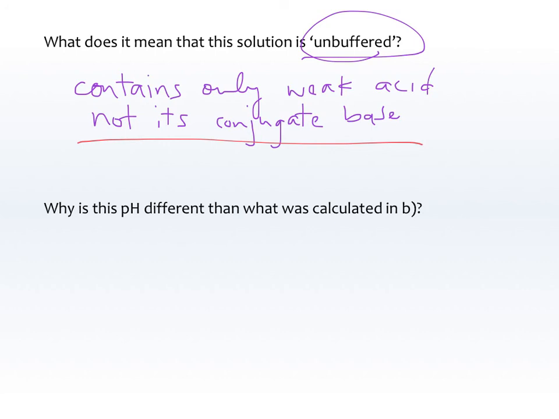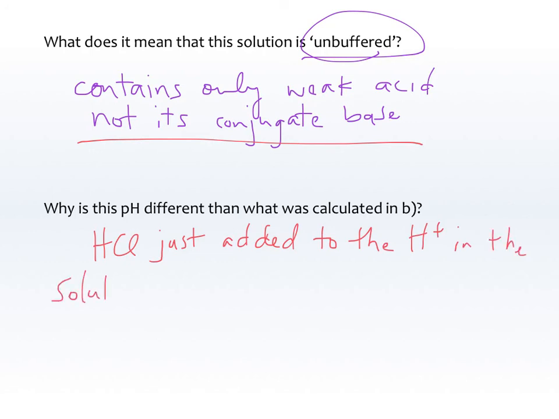So the HCl just added to the solution, it did not react with the AC minus, because there wasn't enough AC minus for it to react with, because there was no buffered solution.